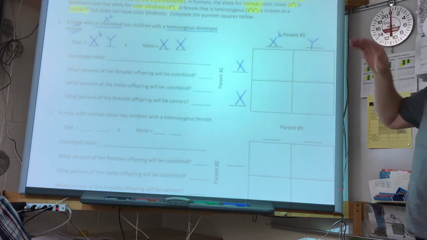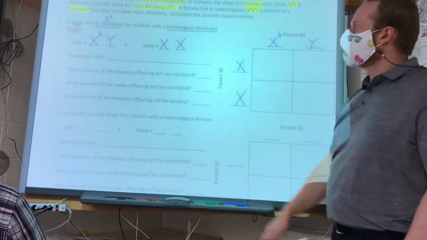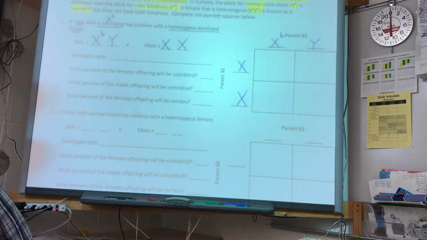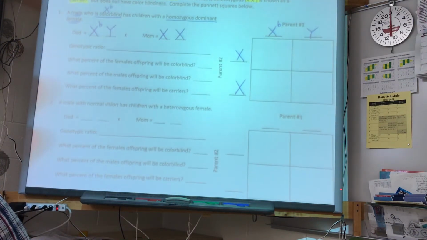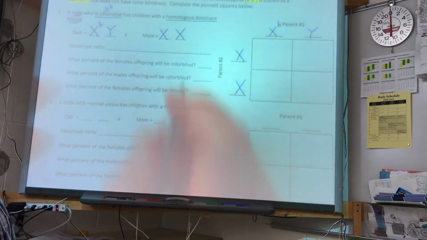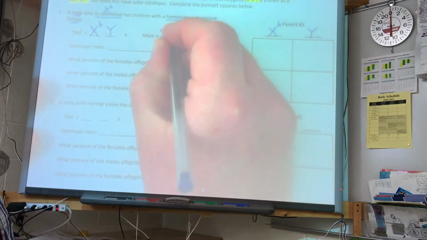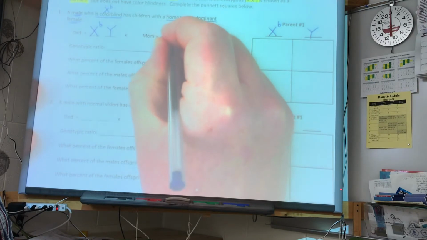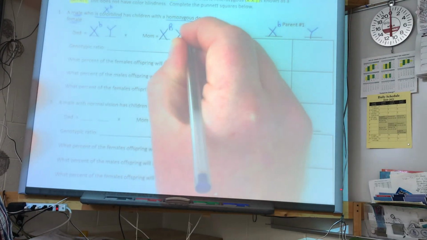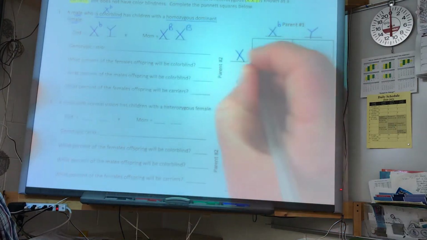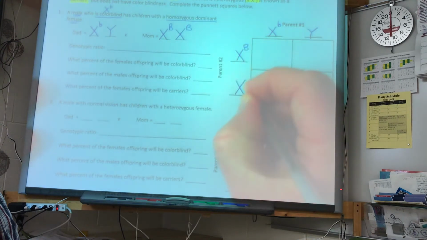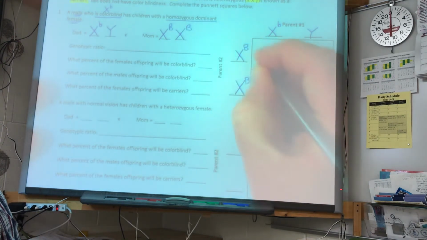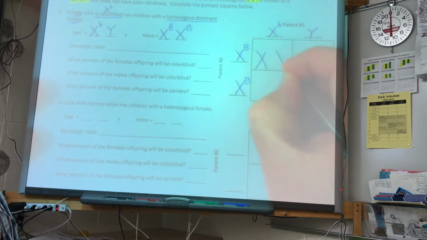So now mom is homozygous dominant. Homozygous means same, and for the dominant allele we're using B's. So what does that make mom? X big B, X big B. Is mom colorblind or not colorblind? Not colorblind. She has normal vision.